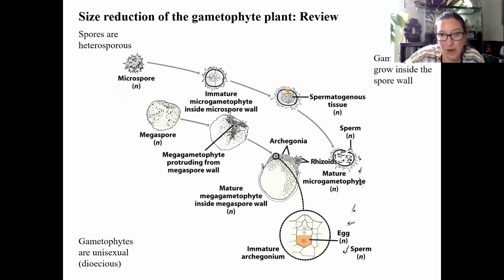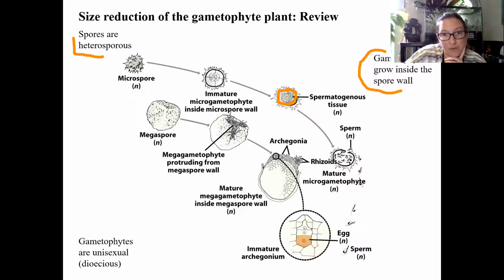Here it is, one antheridium inside of a spore. Spores are heterosporous. Gametophytes grow inside of the spore wall. One antheridium inside of the microspore.